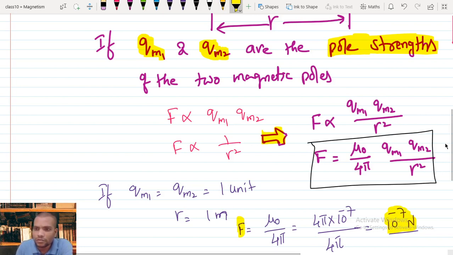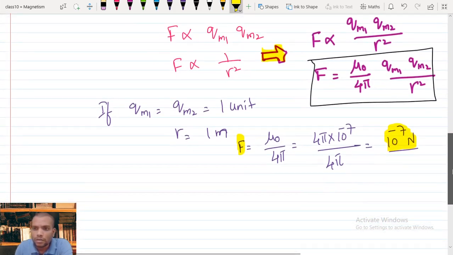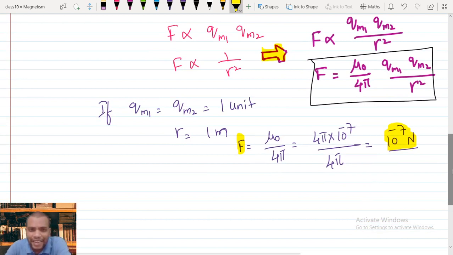So this force we define as Coulomb force, or we also use it to define a unit magnetic pole. How will we define a unit magnetic pole? Suppose this is Qm1, Qm2.